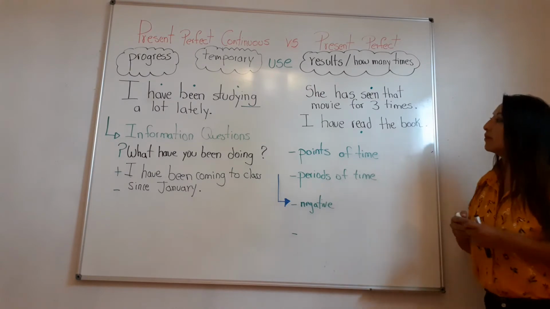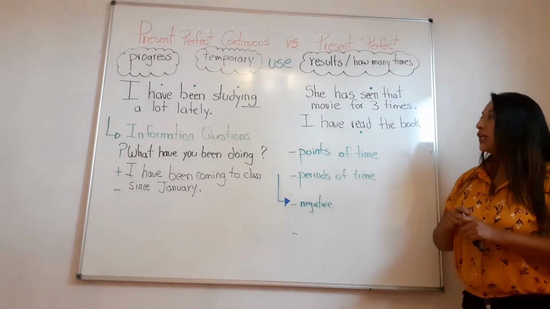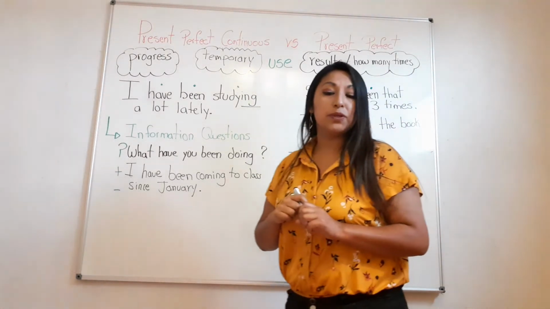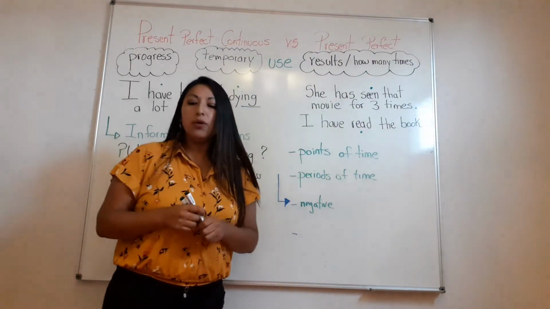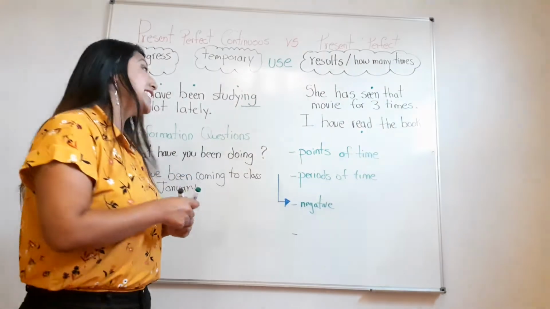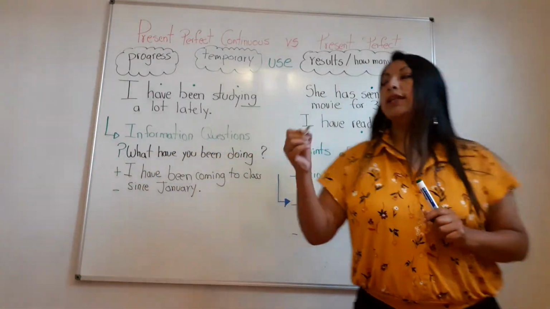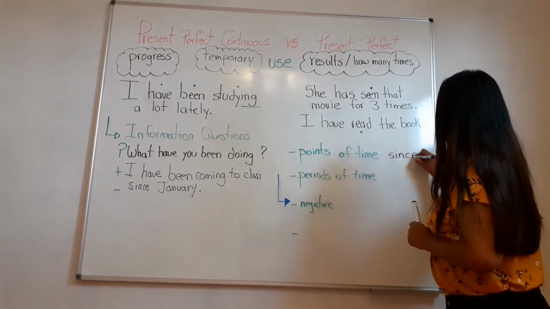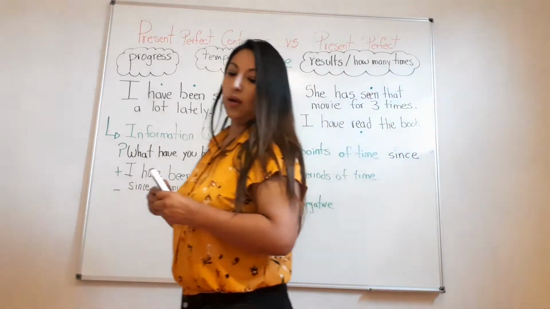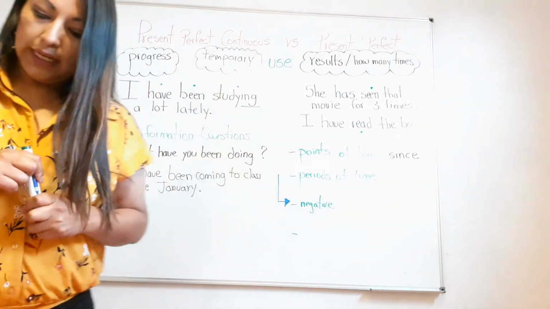Okay. What else to explain? Here in present perfect, we have some special words. Points of time. Okay, here we are gonna use the word since. Okay, look at the word since.